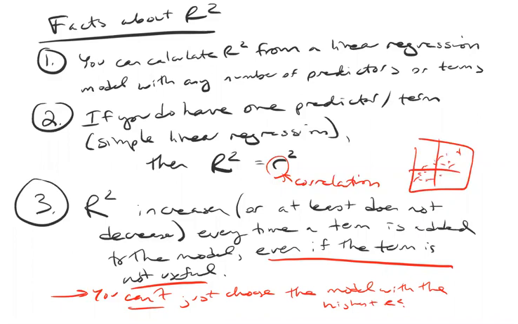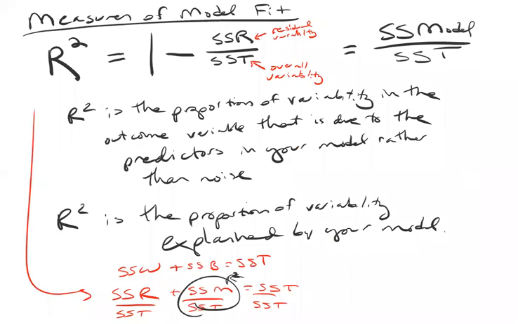Well, remember that R-squared is the proportion of variability explained by your model, but it's 1 minus the sum of squared residuals. So here's the thing. If you add a predictor to your model, the residuals are not going to get worse. Like if I had that indicator for whether somebody's shoelaces are brown or black, the sum of squared residuals is not going to get bigger, right?